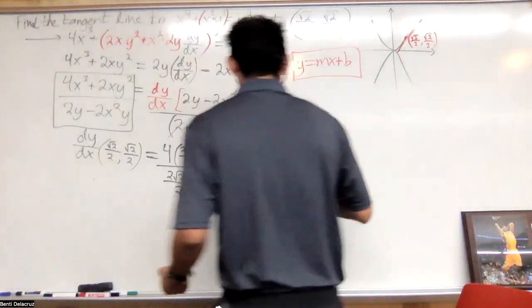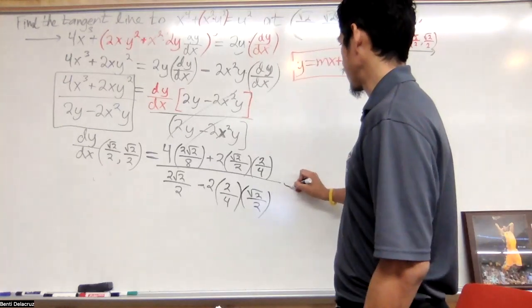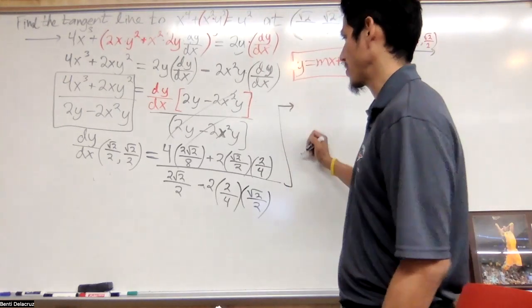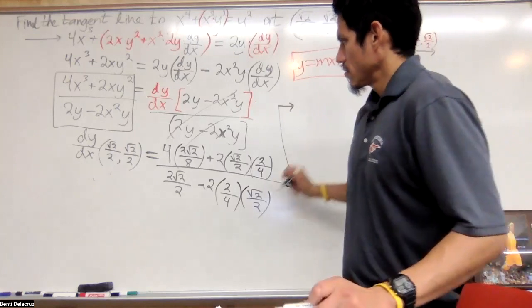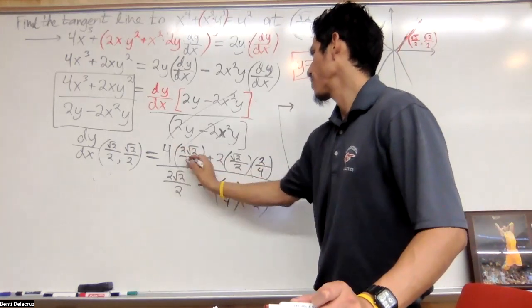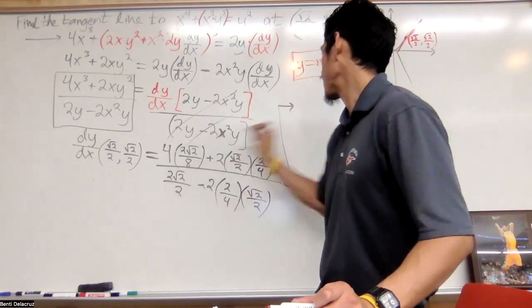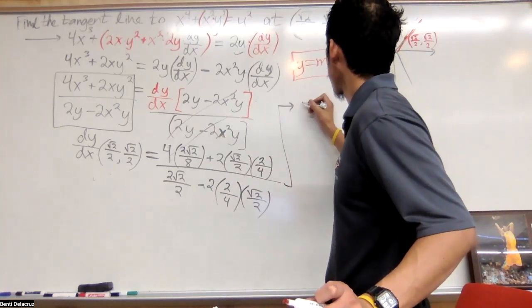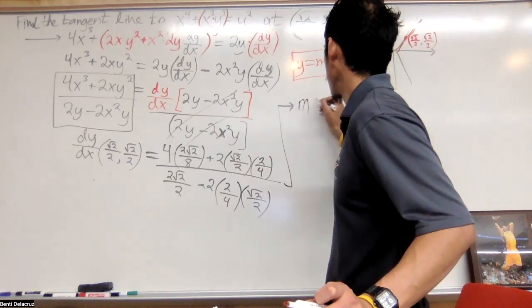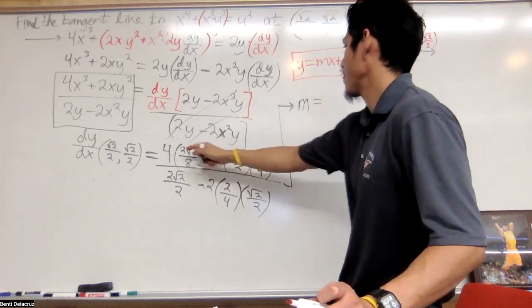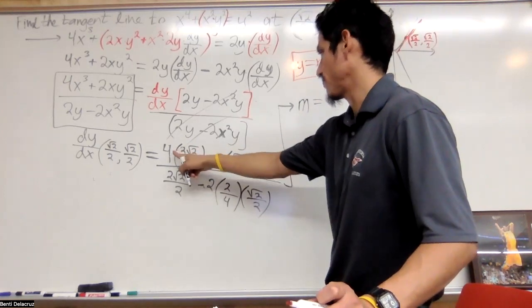All right, now let's simplify this over here. Let's do this work up here. So this will be 8 over 8, and that'll just leave you a root 2. And remember, this is our slope, dy over dx for m. It'll be 4 times 2, 8.